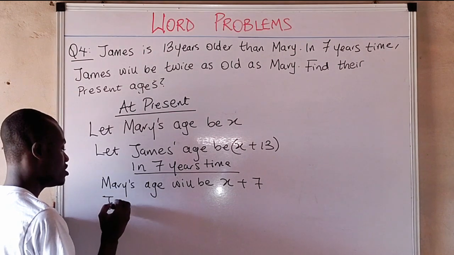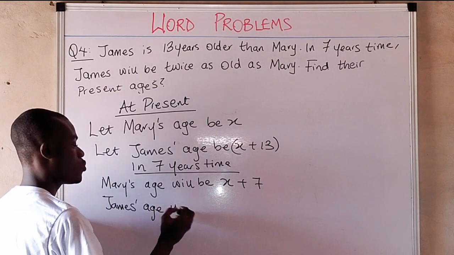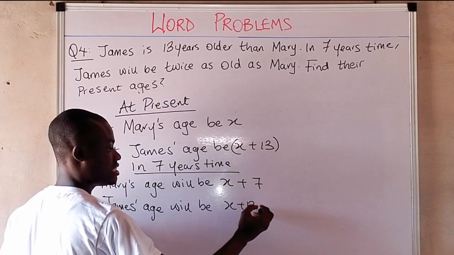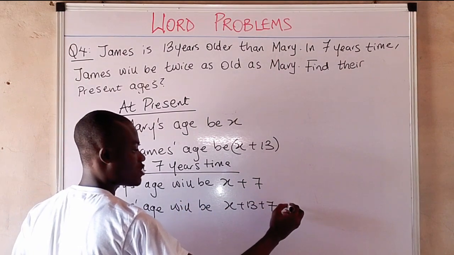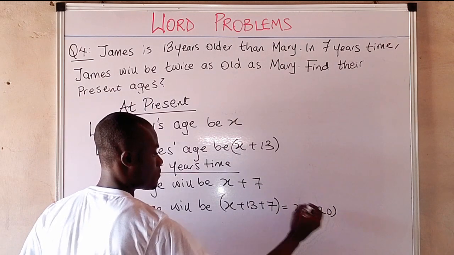So James' age will be X plus 13 plus 7, and that will give us X plus 20.